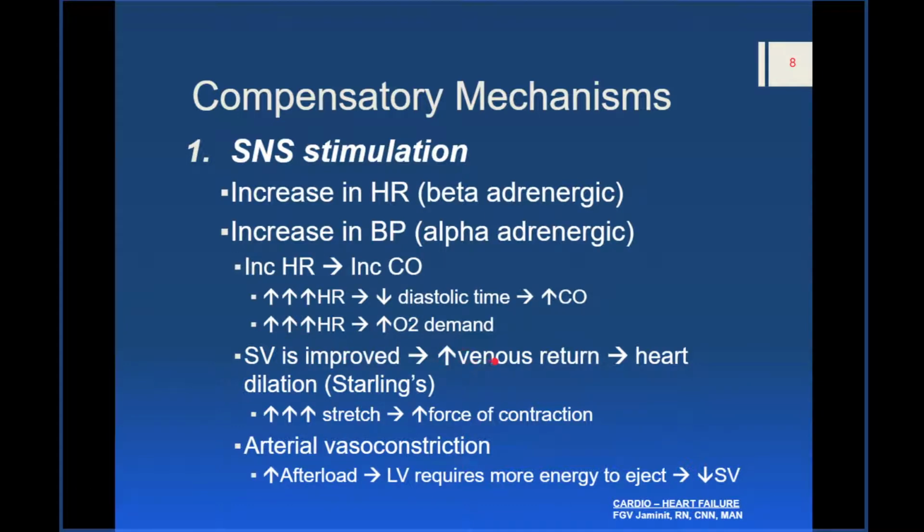So the stroke volume is improved. When it is improved, there is an increase in the venous return, and the heart dilatation would be stronger. Remember, if you were able to read on Starling's law, from the review of your concepts in myocardial activity, when the myocardial stretch is higher, there would be an increase in the volume inside the chamber of the heart. So when the stretch of the muscle is increased, the ejection would also be forceful.